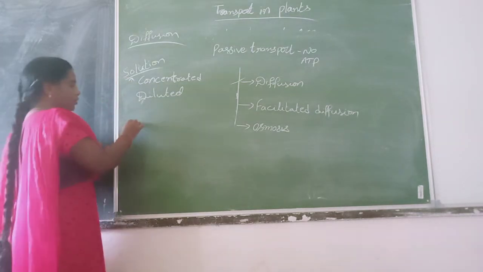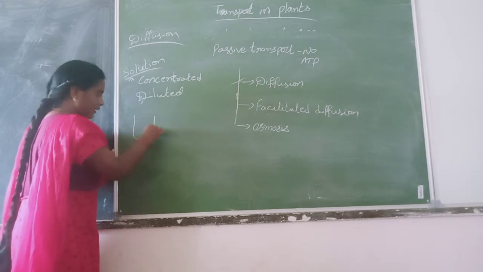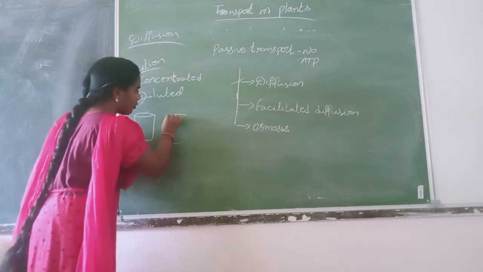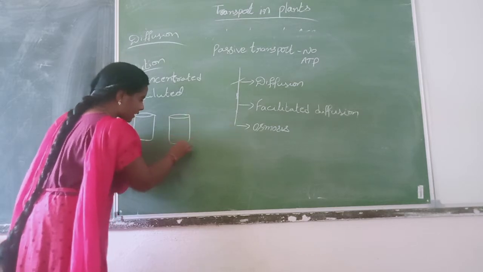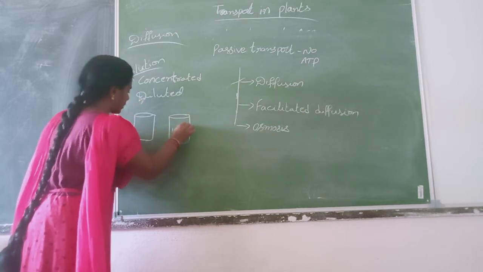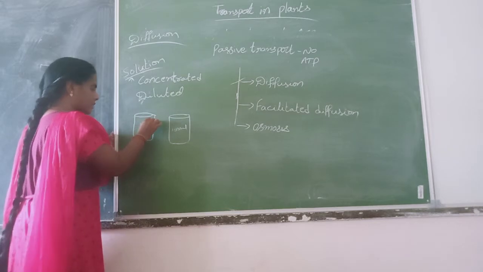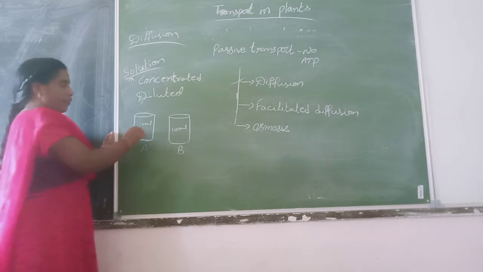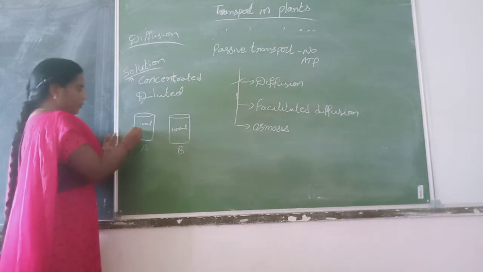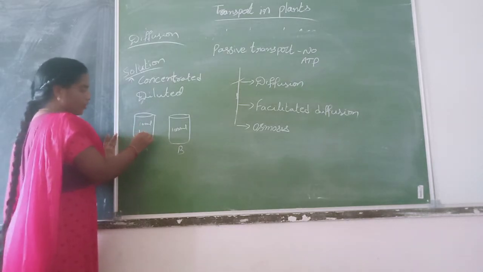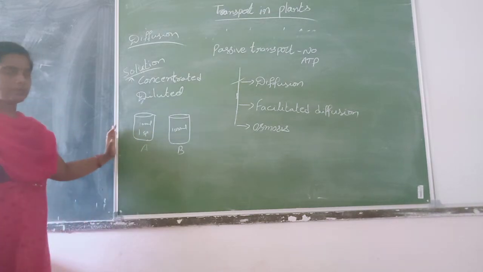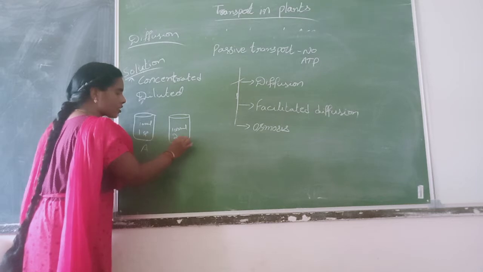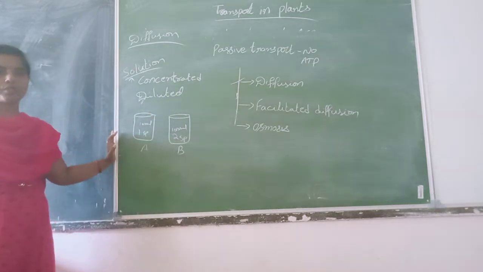For example, to understand this, we will take two glasses with 100 ml of water. Both glasses are taken with 100 ml of water. The first glass we will call sample A and the second sample B. In the first glass, we add 1 spoon of sugar, and in the second glass, we add 2 spoons of sugar.